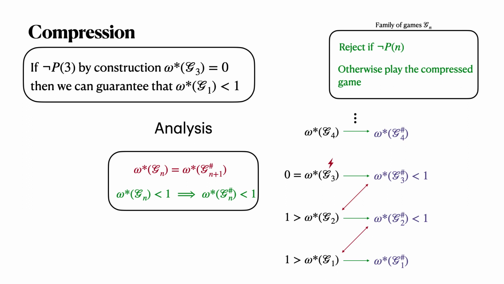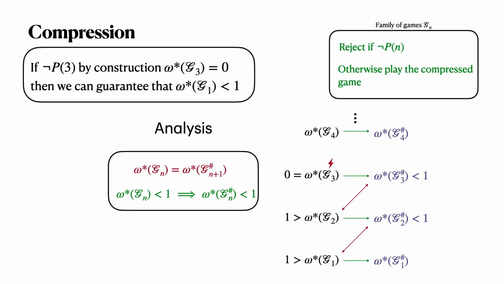Now, look at the description of G2. It first evaluates the predicate P at 2, but since this evaluates to true, the verifier then runs the compressed game G3. Thus, the value of G2 is the same as the value of compressed game G3.